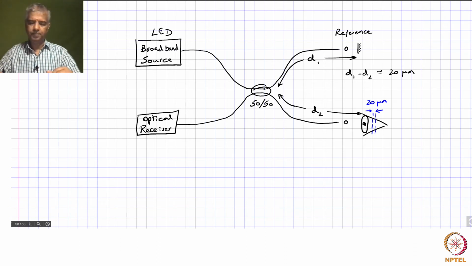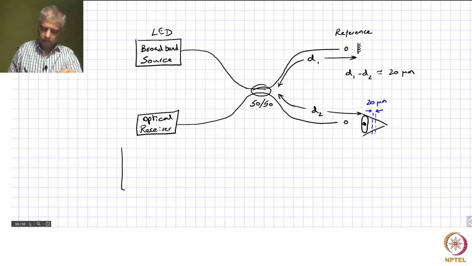Okay, so you can say that if you are looking at this as a function of path length difference, right? Like we talked about before, the total intensity is going to be something like this.